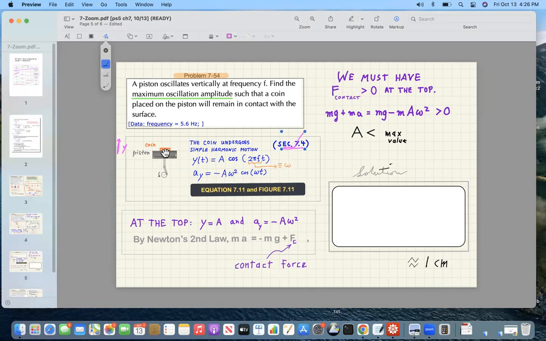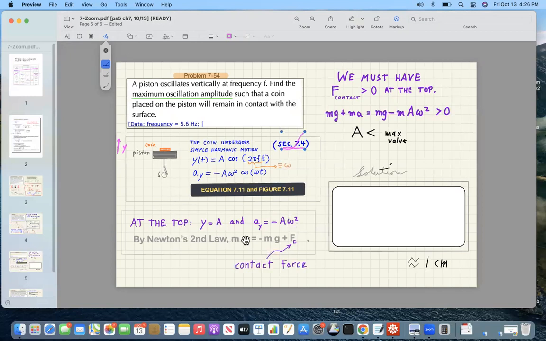It'll just fly off when the piston reaches its highest point and then starts back down again. The coin won't remain in contact with it. If the coin is going to come off the piston, it'll happen at the top. At the top is when y is equal to A, the maximum height, the amplitude, and a_y is minus A omega squared.